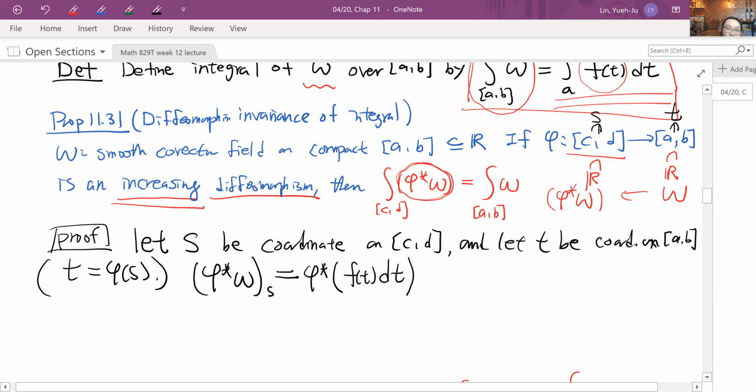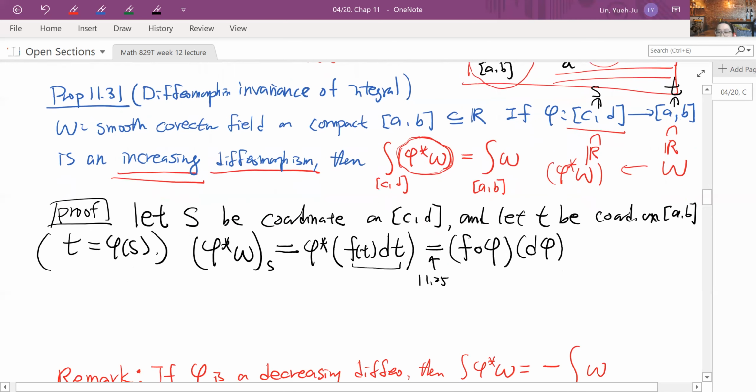But now when you pull back, using the formula from before, this is essentially f composed with phi, and because there's only one variable, you will get d phi here.